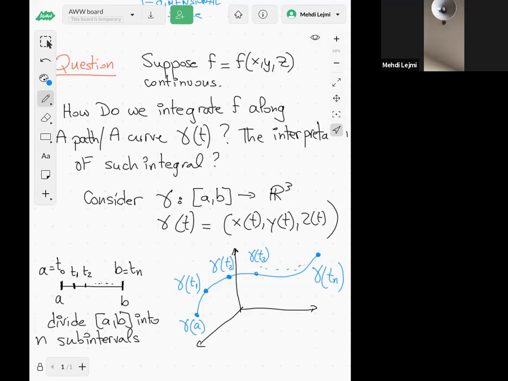So again, I just divided my curve or path in the space into sub curves or sub paths, right?